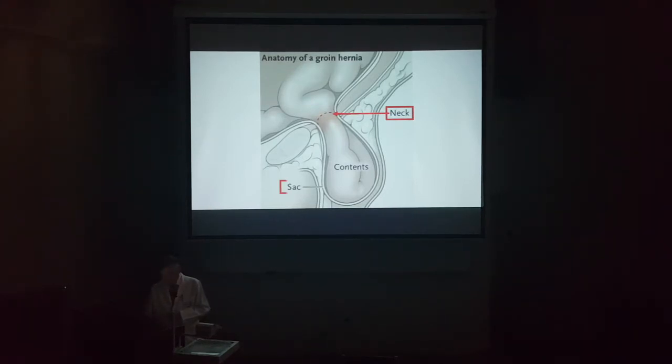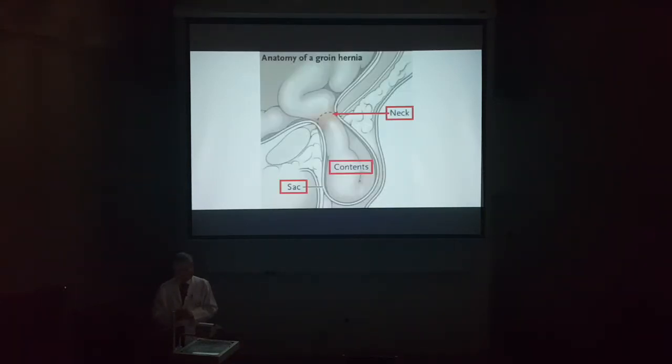And we talk about the sac. The sac is the peritoneum due to the increased intra-abdominal pressure that has found a weak area and protruded into it. How big the sac is and what is the sac. And then the contents.